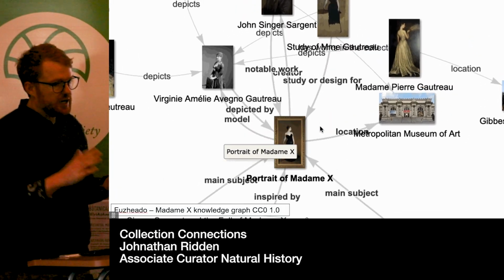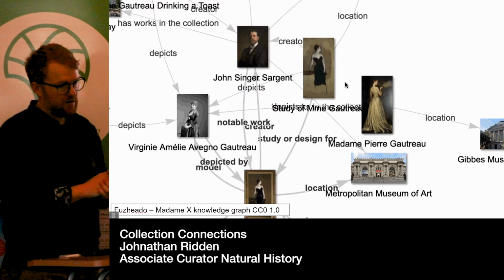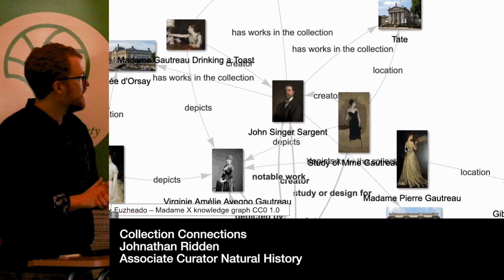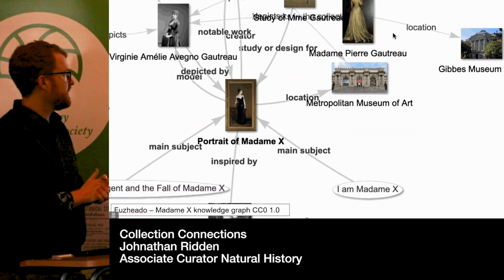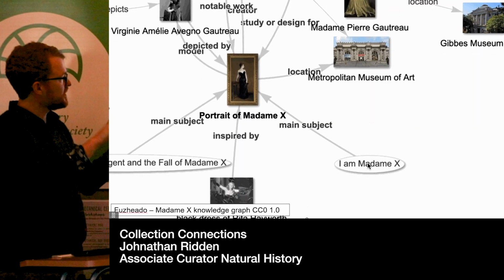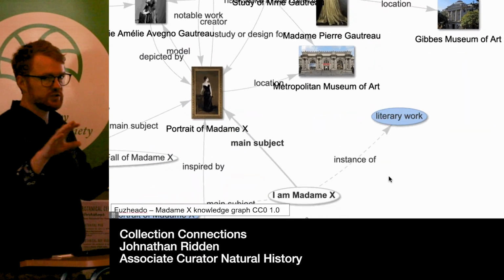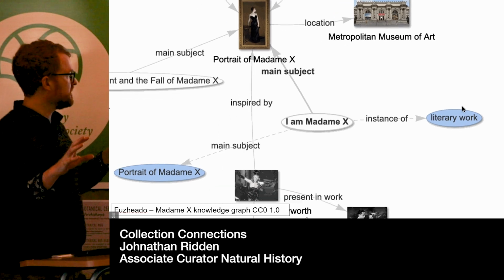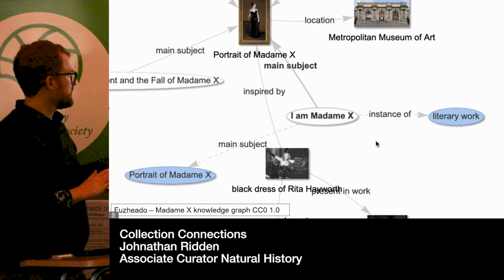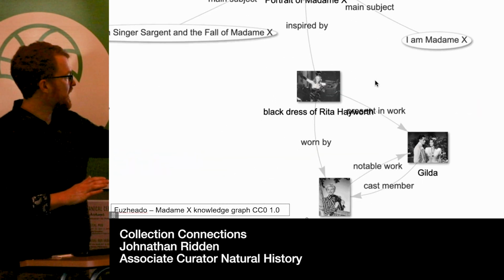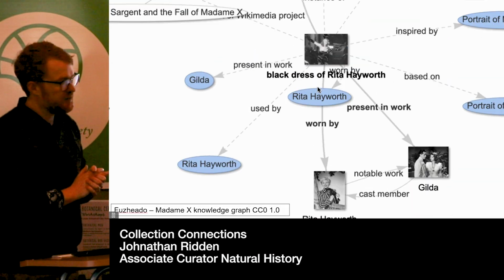And here is a graphical example of this. Here we've got a knowledge graph looking at the portrait of Madam X, and when you start looking at how that's connected, you can see the different themes and strands associated with it. For example, we've got the black dress of Rita Hayworth, that was inspired by the Madam X portrait.